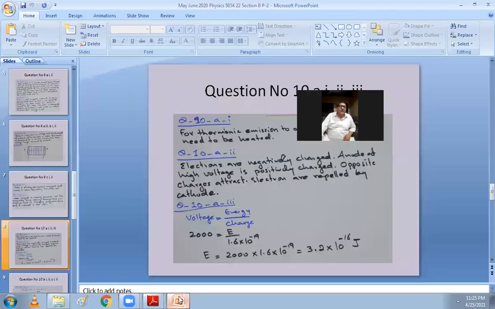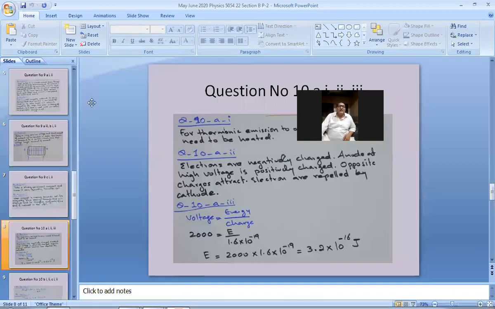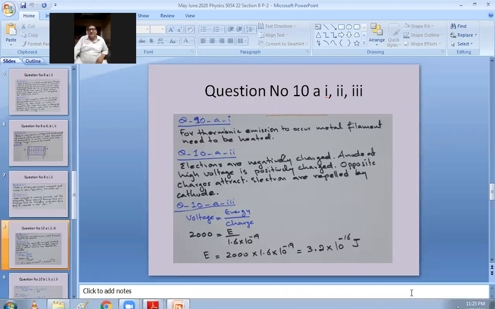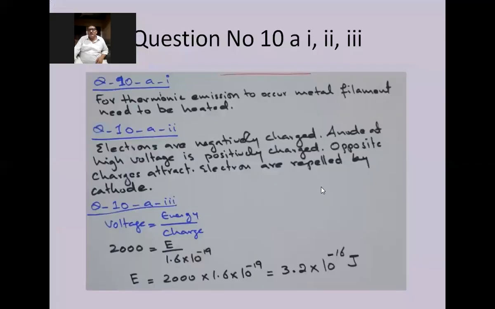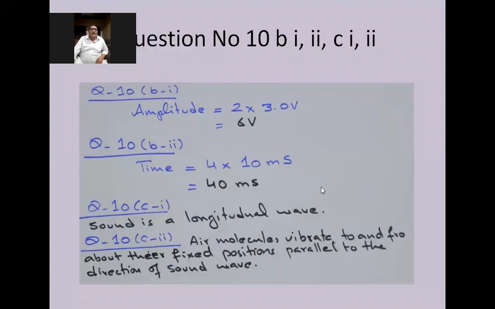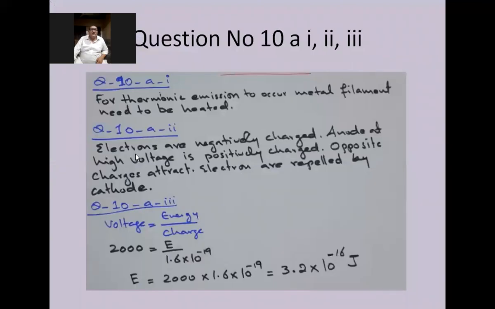I've done this on paper. Let me show you my working. Very simple, but this is a new question. So question number 10, A, third part. Voltage is equal to energy divided by charge. So 2000 volt, and the charge on one electron is 1.6 × 10^-19.